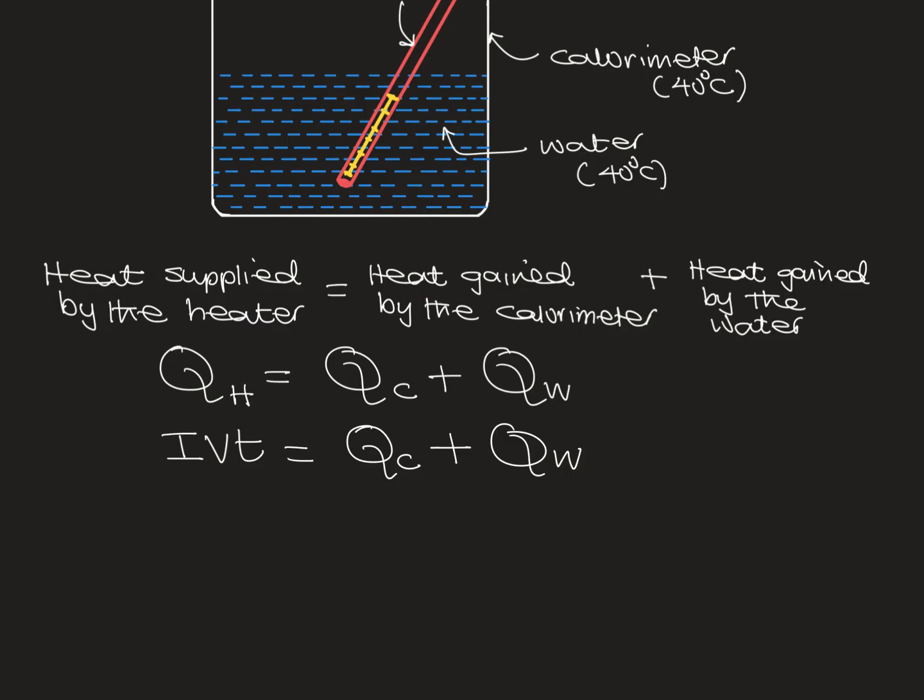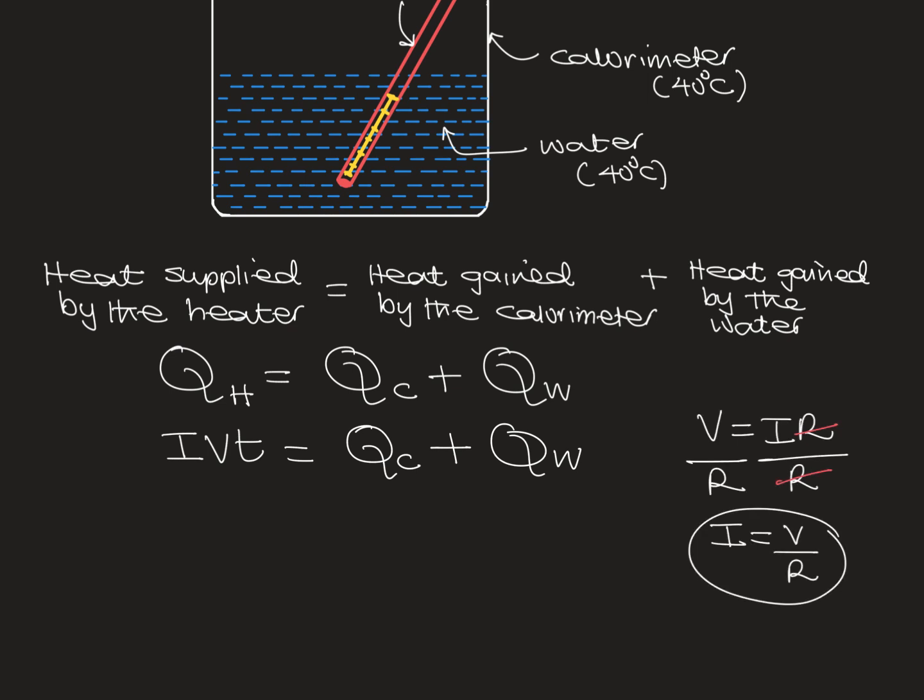So how do we find current? From voltage is equal to current times resistance, by dividing both sides by resistance, current is equal to voltage divided by resistance. So I can substitute that in the place of current.